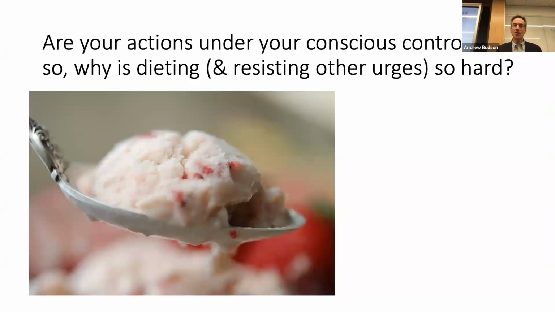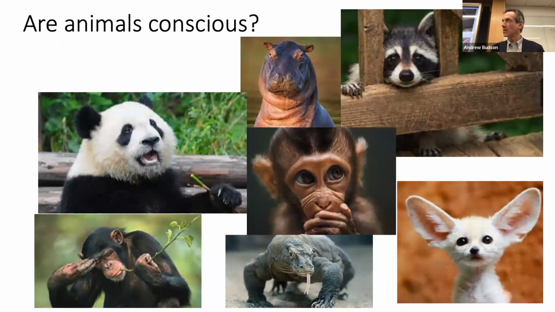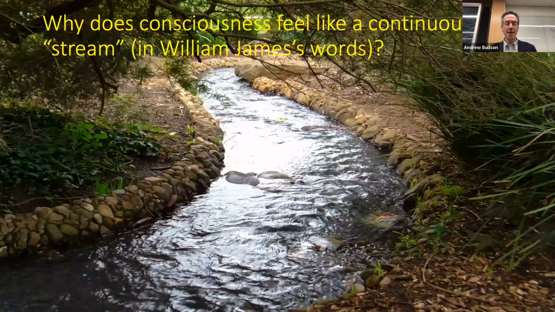And if our actions are under our conscious control, why is it that dieting and resisting other urges are so difficult? Can you do complicated activities like driving without conscious awareness? Are animals conscious? And are there neurologic, psychiatric, and developmental disorders of consciousness?